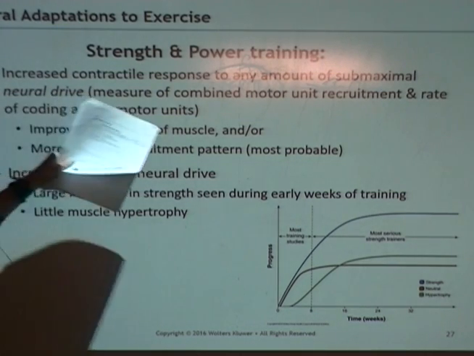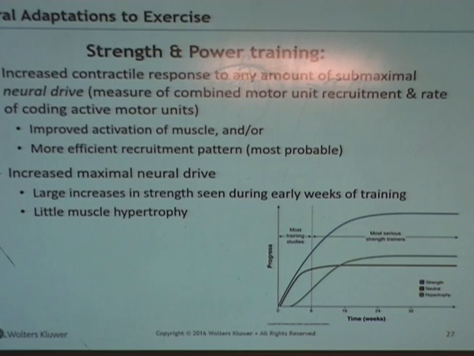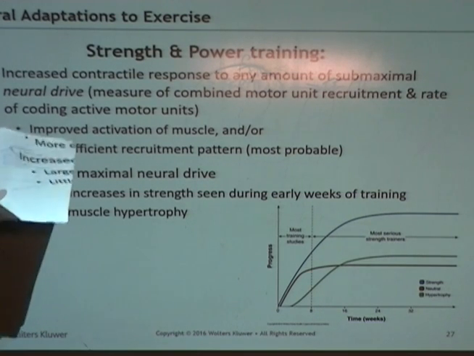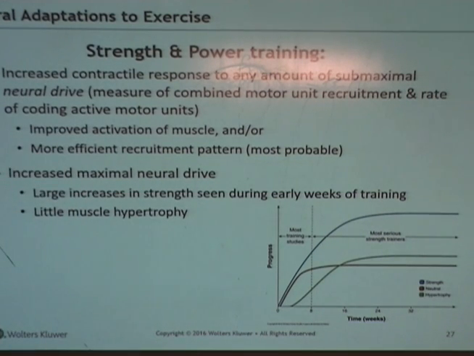Submax neural drive is how much motor unit recruitment and the rate of action potential generation, okay? We can increase the activation of a muscle with training, right?